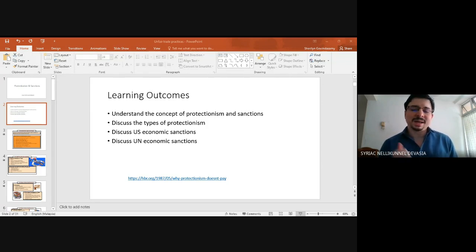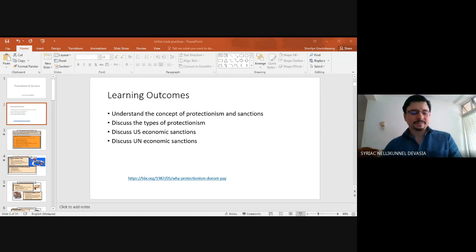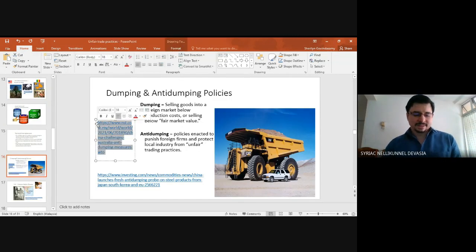Anti-dumping policies are there to punish foreign companies and protect local industry from unfair trade practices. So in dumping, you sell below the cost of production. In anti-dumping, the government comes out with policies which will stop dumping. Let's look at a few articles that I'll share the link for also.